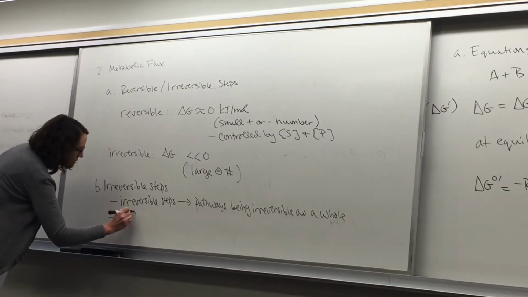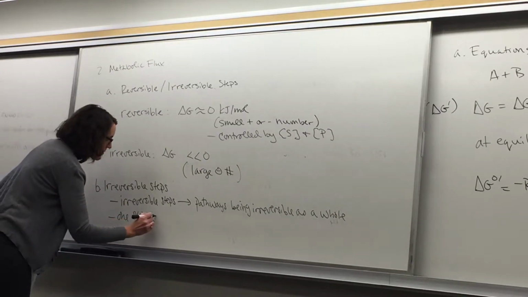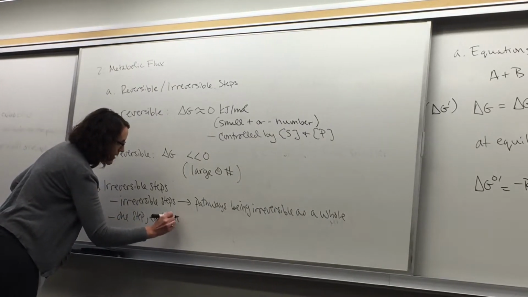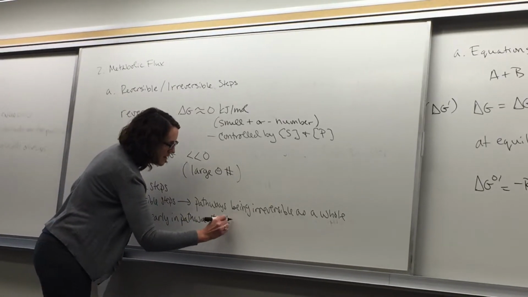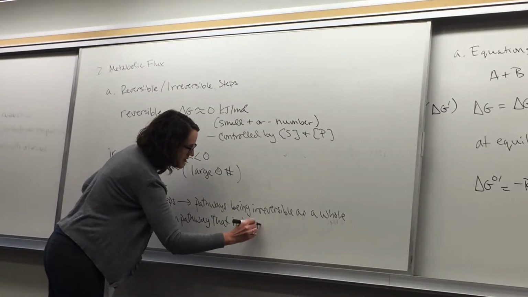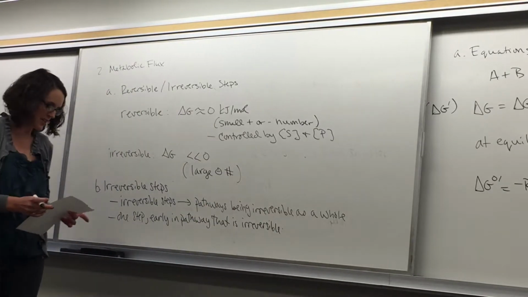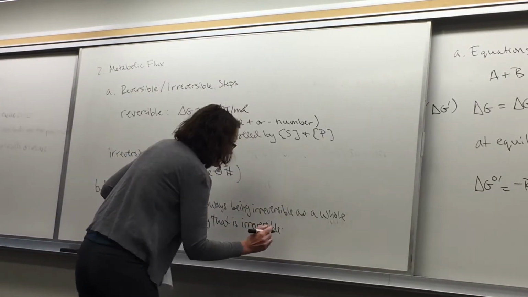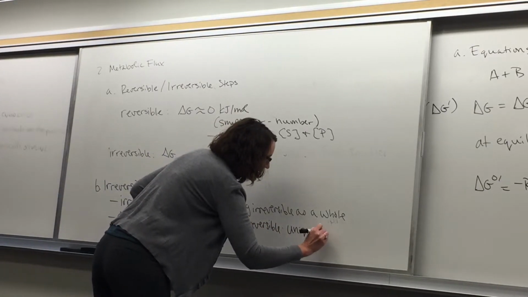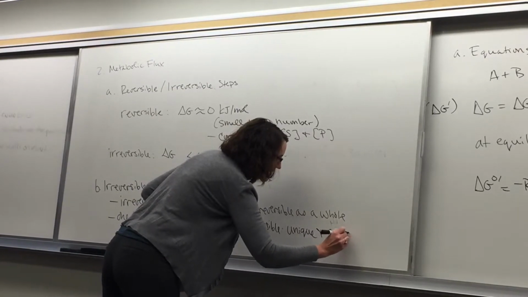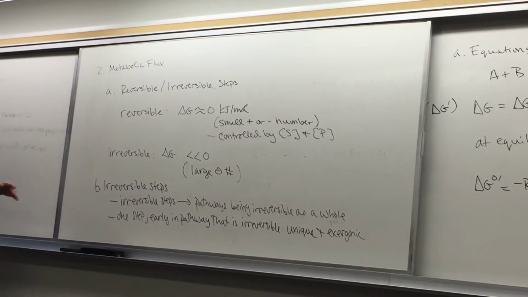And then the other thing to look for is that one step, sometimes it's more, but typically one step, early in the pathway, that is irreversible. So look at glycolysis and you'll see what I'm talking about. That is not only unique, but it's also highly exergonic, meaning we have a large negative value on our delta G for that step.